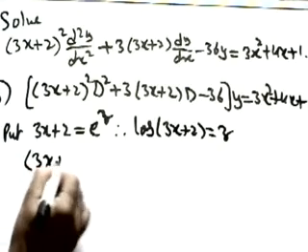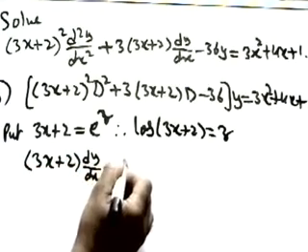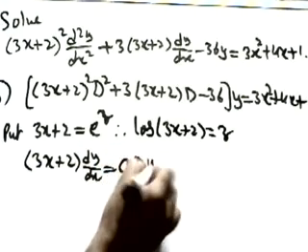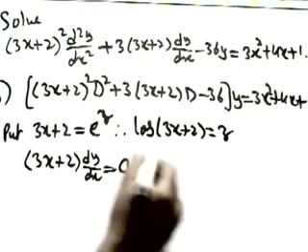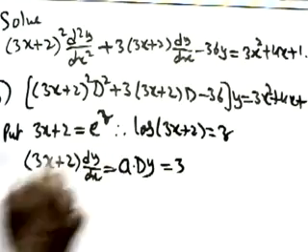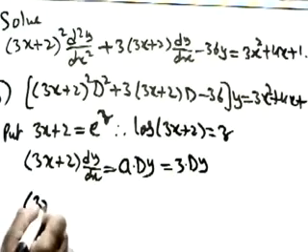Now the next step, this is the formula we have: (3x plus 2) into dy by dx equals a into Dy. What is the value of a here? Here a is the coefficient of x, 3, so 3 into Dy.